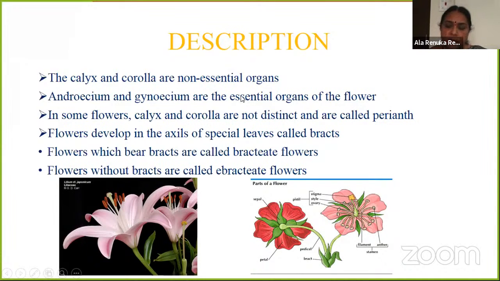Whereas androecium and gynoecium are called essential organs, because androecium contributes the male gametes, and the gynoecium contributes the female gametes. They are the actual structures involved in sexual reproduction. They are said to be essential organs, and calyx and corolla support them.